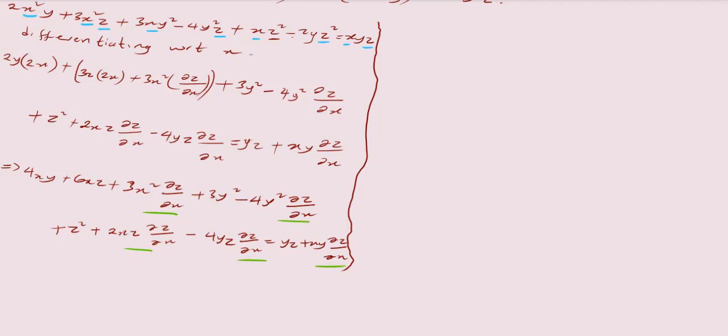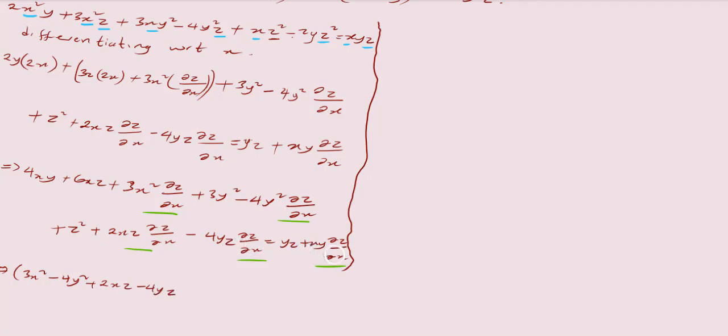When I factorize them and bring them to the left hand side, I'm going to have 3s square dz minus 4y square dz plus 2sz dz plus 2sz dz minus 4yz dz.